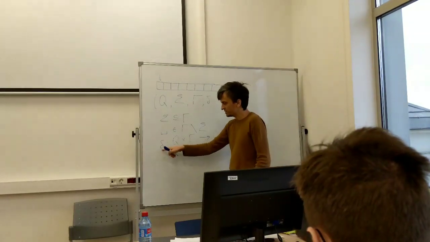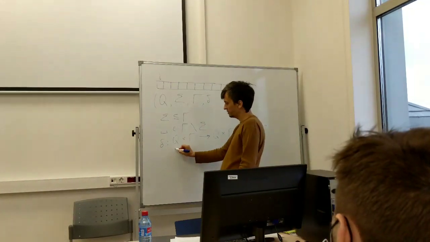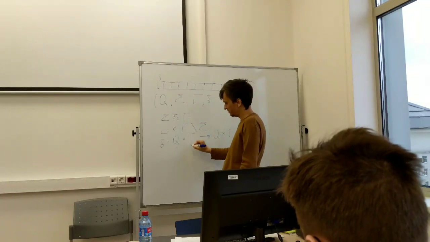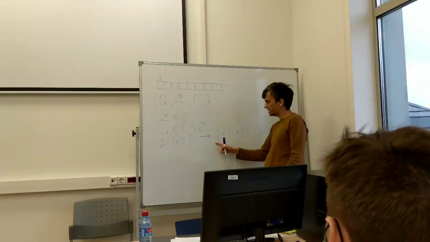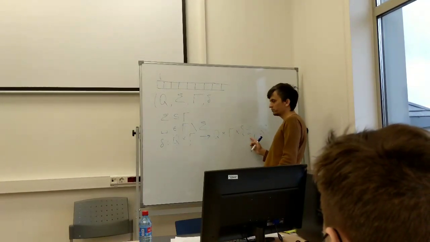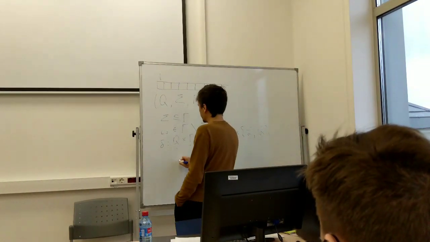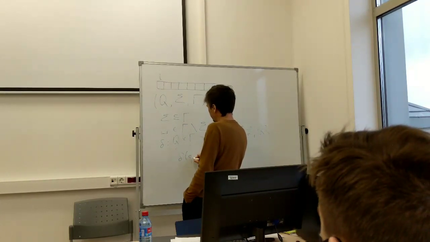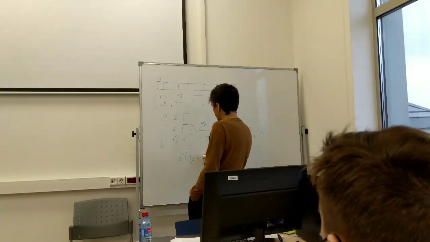This transition function says that if the machine is in one particular state, and its head looks at a symbol from gamma, then it changes its state to some other state, it replaces that symbol with some other symbol, and it moves either leftwards or rightwards. So, for example, it can be something like delta of Q5, where Q5 is a state, and let's say the symbol is 0.